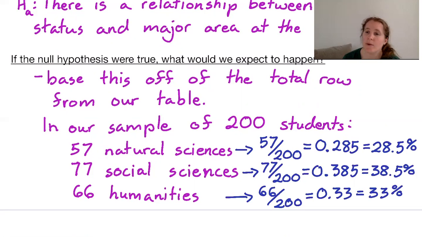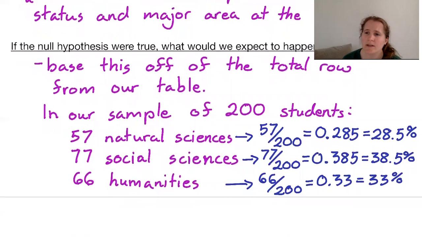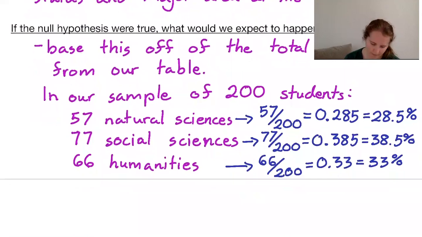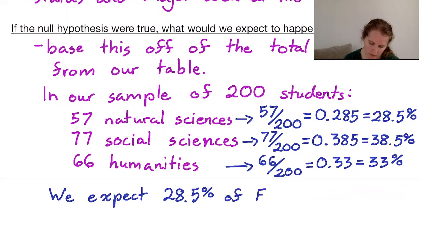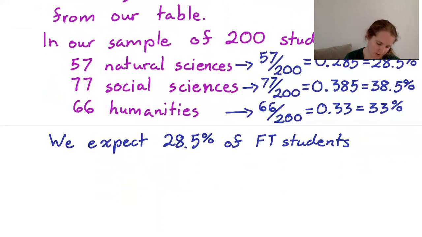So essentially, we expect 28.5% of full-time students to be in the natural sciences.